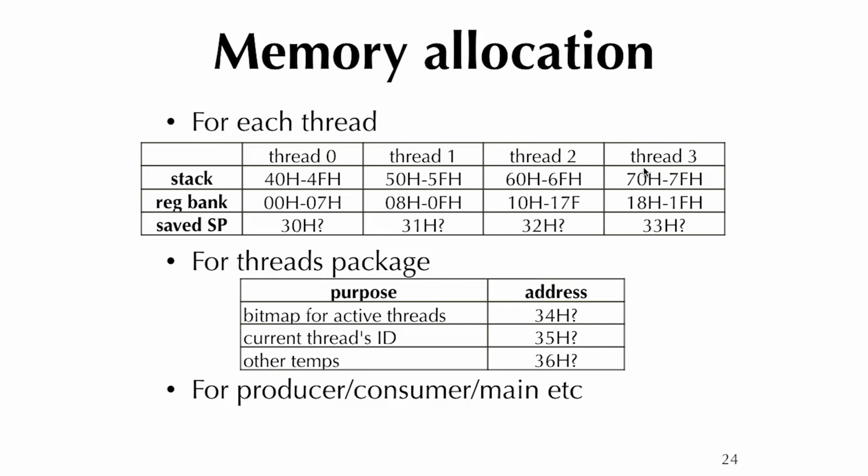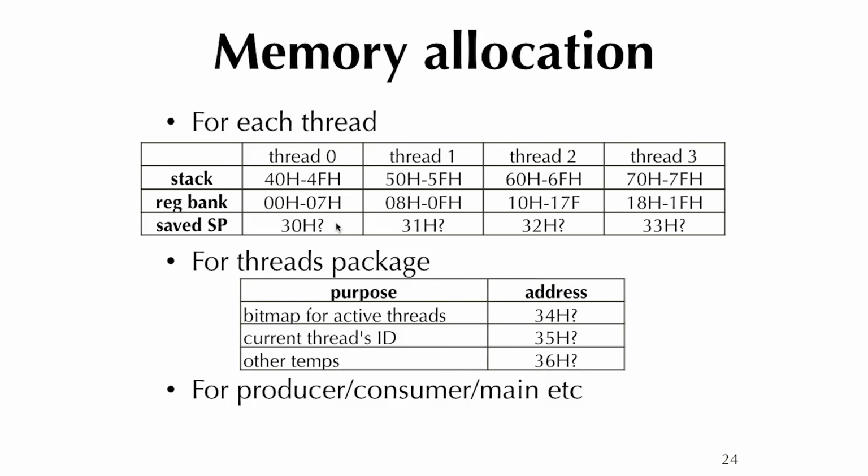So then you'd probably need to use 30, 31, 32, 33. Although there's one trick you could do, which is to push the saved stack pointer as the first thing, or at the bottom of the stack. Technically speaking, your stack would then be 15 bytes instead of 16.